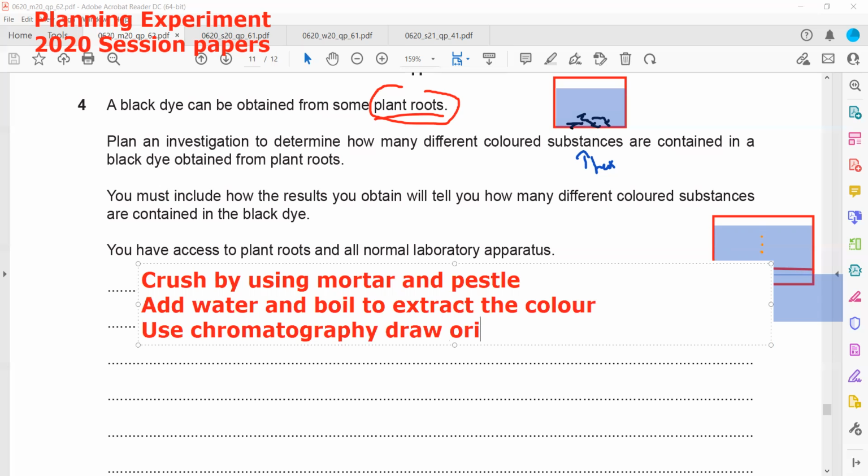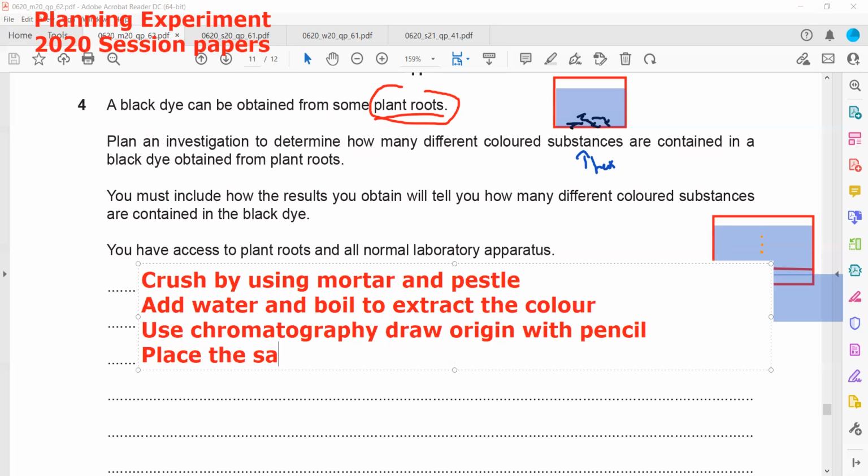Draw the origin with pencil. Place the sample or the extract on the origin with the help of a dropper or a teat pipette.